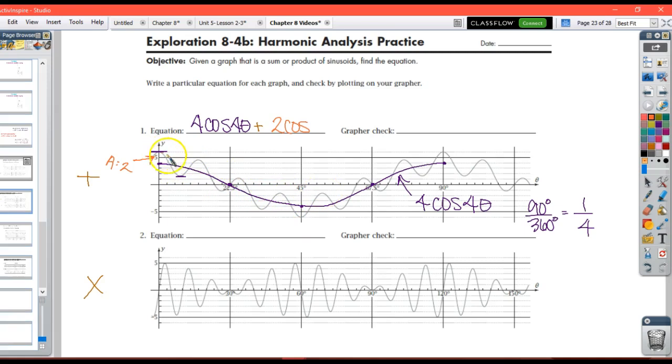I'm going to count the cycles: 1, 2, 3, 4, 5, 6, 7. So I have 7 cycles in 90 degrees. In 360, that would be 4 times more cycles, so I would have 28 cycles in 360 if I were to continue this graph. And so I will put in 28 theta.